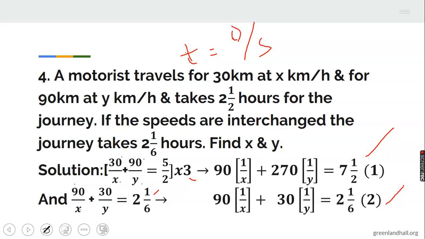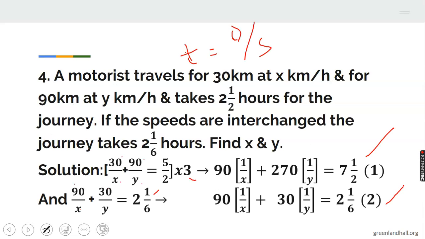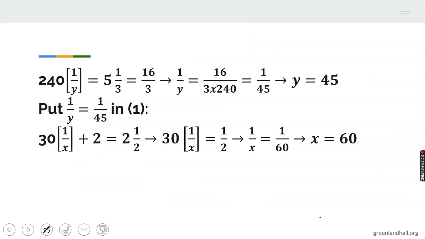Now we want to eliminate one for the other. It's best to eliminate the first one. So subtracting equation 2 from equation 1, we have this 240. When you subtract, this will be 0 and it will be here that will survive. 240 is equal to the difference on this side.